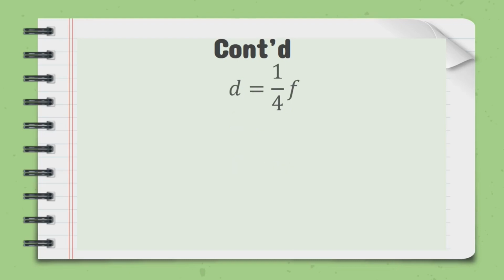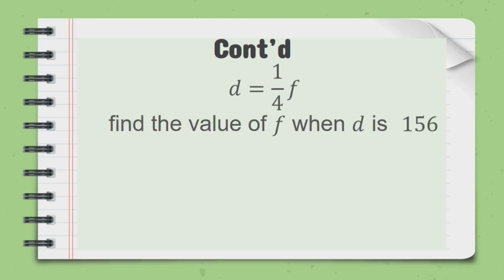Knowing the law of variation for this question, which is giving us d equals 1 out of 4 multiplied by f, we can attempt our first question, which states that find the value of f when d is 156. Wherever we see d, we substitute its value, which is 156, equals 1 out of 4 multiplied by f.